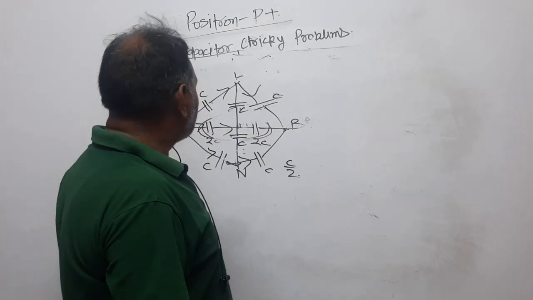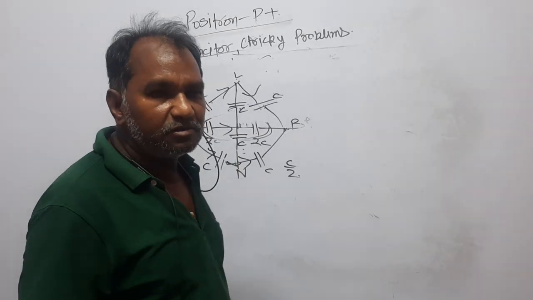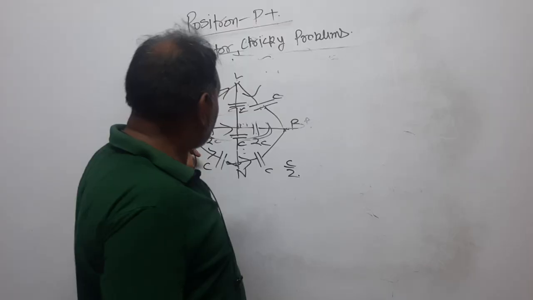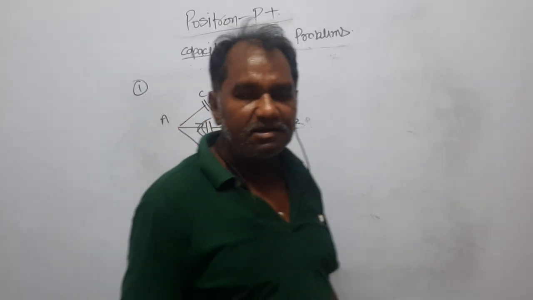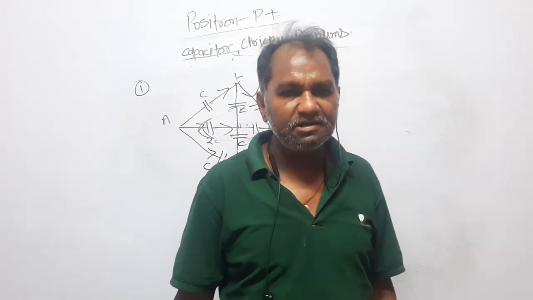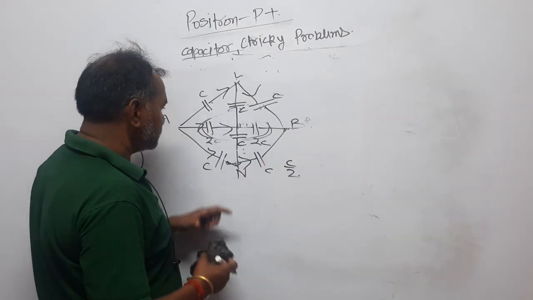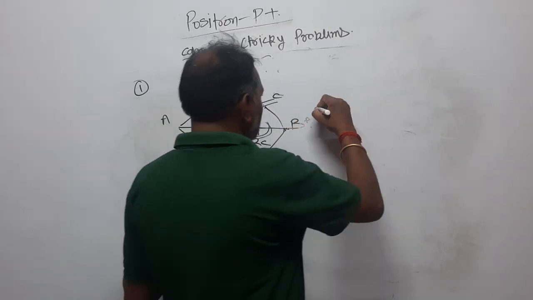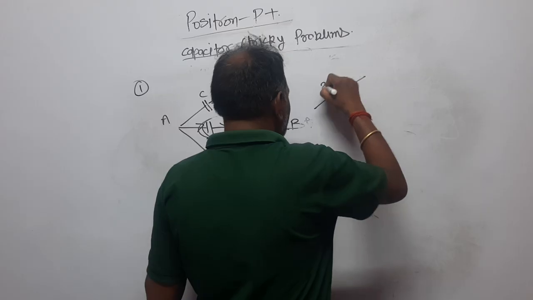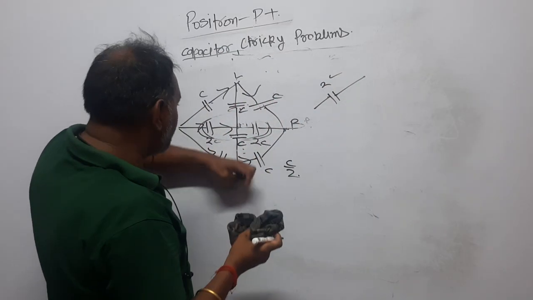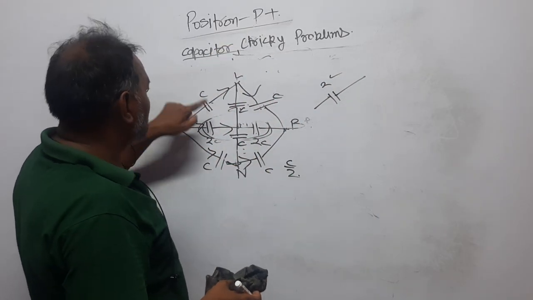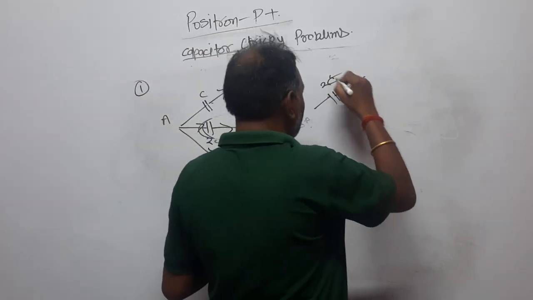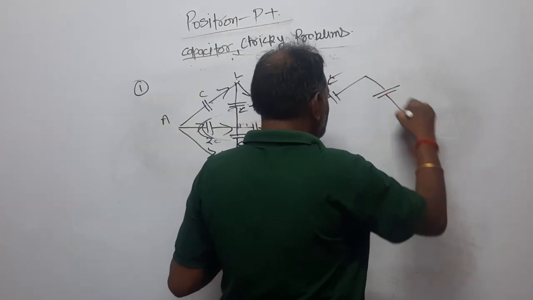If above AB and below AB the circuit is the same, it means it is a folding symmetry. If you apply the folding symmetry, then dear student, this C, C will be parallel, so it becomes 2C. In folding symmetry, if you fold it, then C and C will be parallel, this C, C will be parallel, and again it becomes 2C in this way.